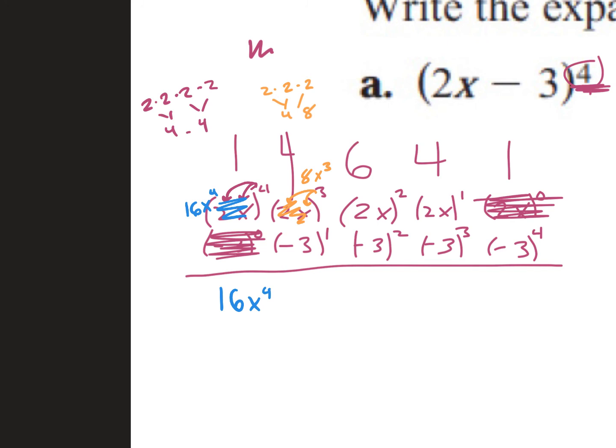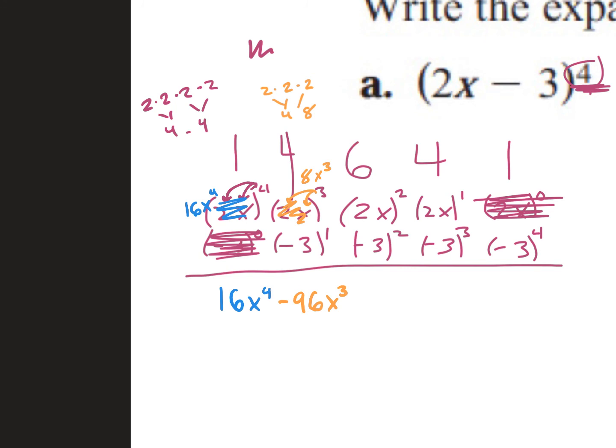So 4 times 8 times negative 3 would be what? Negative 96. And then x cubed.